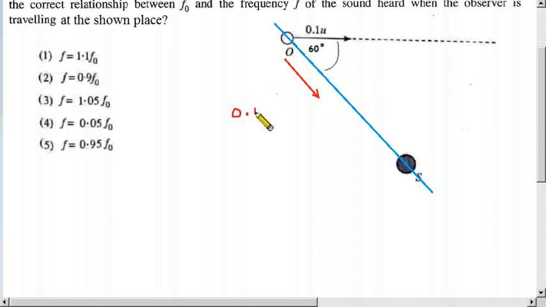0.1 u cos 60. The component is this one. So 0.1 u cos 60 means half, then half times 0.1 is 0.05 times u, the component to this way.